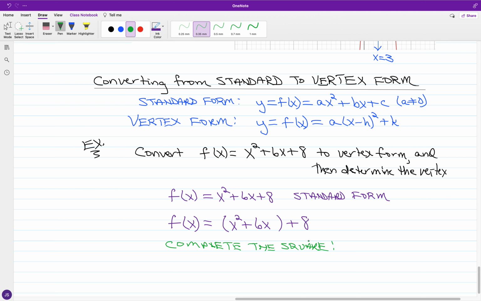What I mean by this is I'm going to get the variable expression into a binomial times itself.